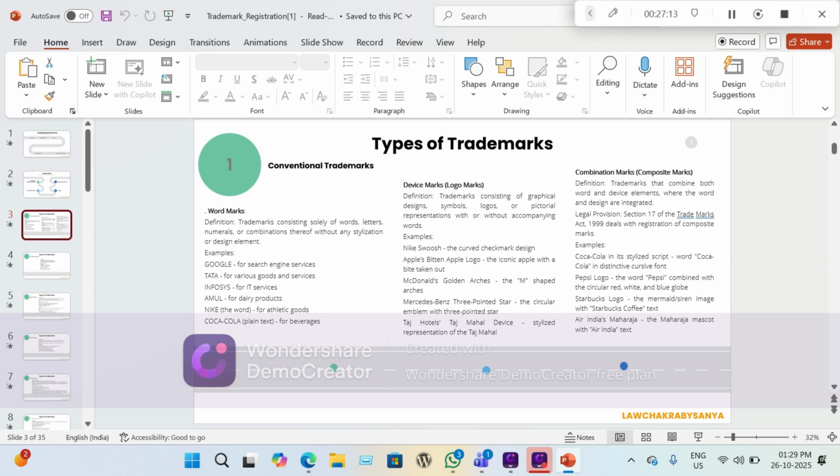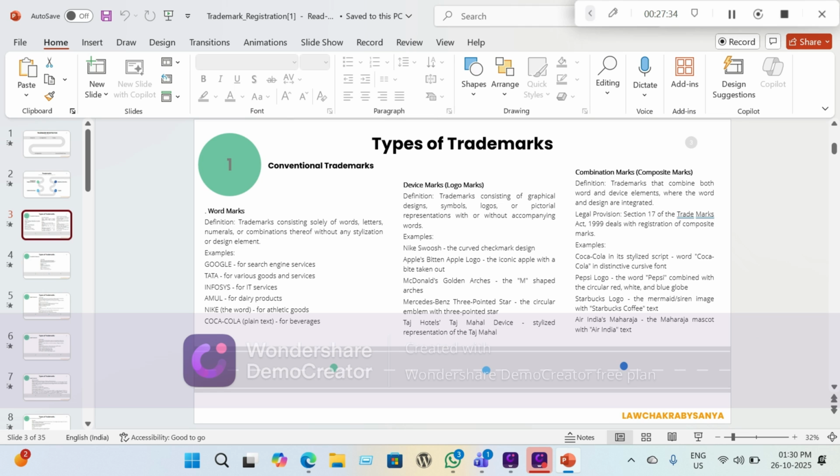If it's a word mark, only on the word. If it's a device mark, only on the device or the logo. If it's a composite mark, then the word and the logo in the way that it is represented, and for the goods or services that are carried in that particular class where you have applied. So you have to be very, very careful in understanding that.